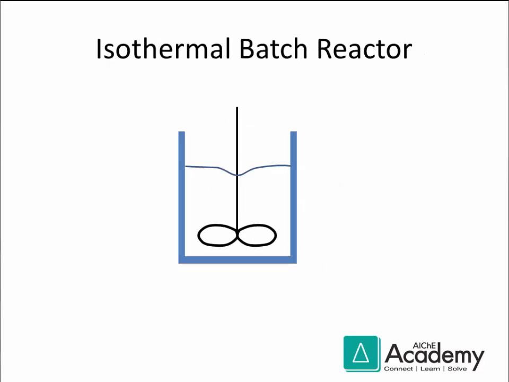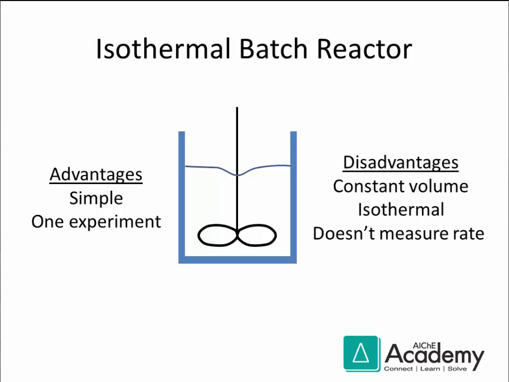The usual way to obtain kinetic data is to conduct a reaction in an isothermal batch reactor. There are various advantages to this configuration. For example, the setup is generally simple, and you can obtain lots of data in one continuous experiment over time. On the other hand, the analysis of data is straightforward only if the volume of the reacting mixture is constant, which is usually the case, but not always.